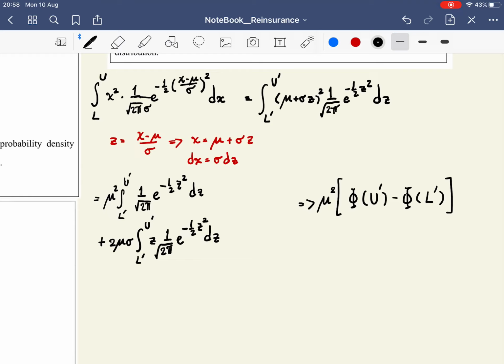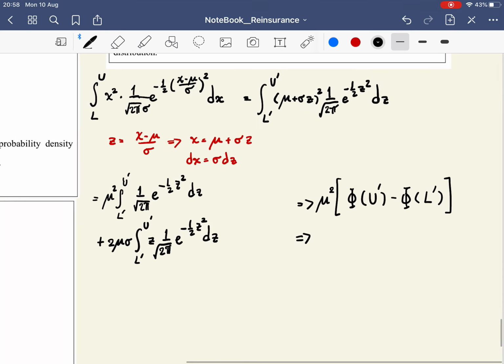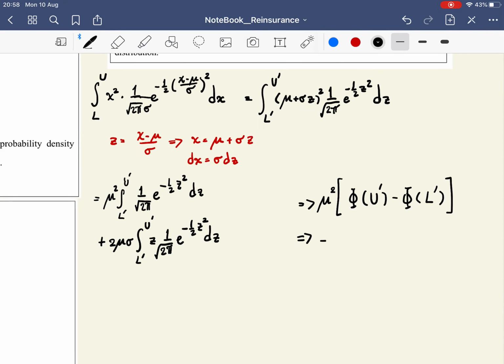And what we are doing is we just do a U substitution, right? So this one is equal to a negative of 2 mu sigma, and the integral from z equal to L prime to z equal to U prime.